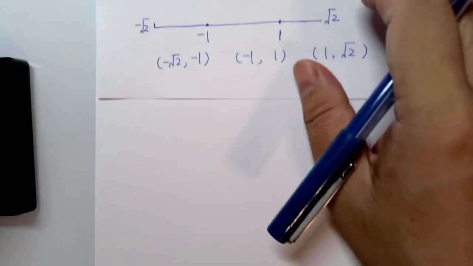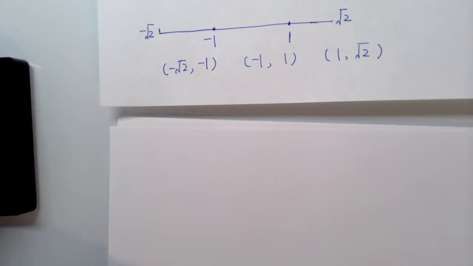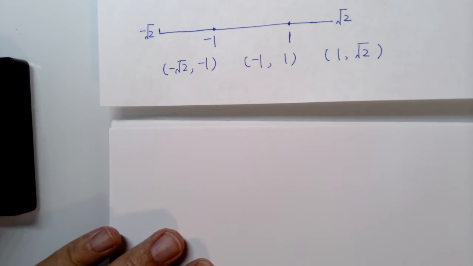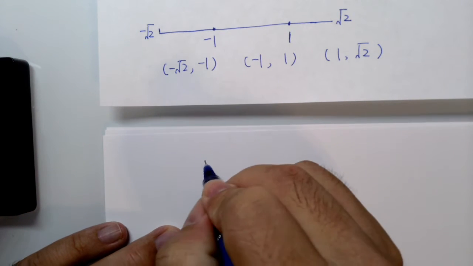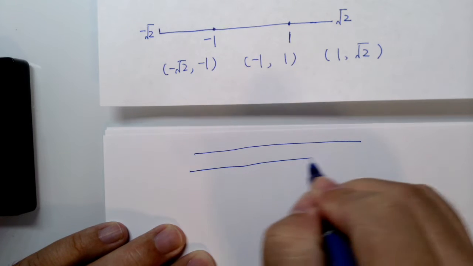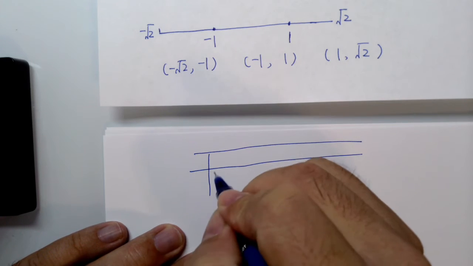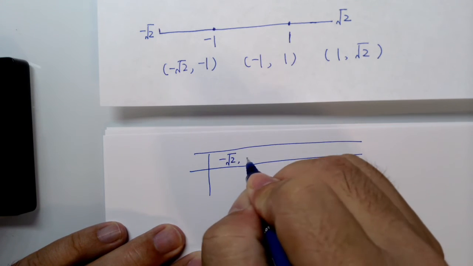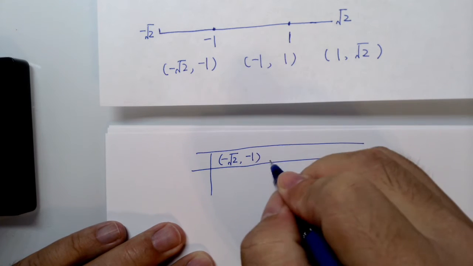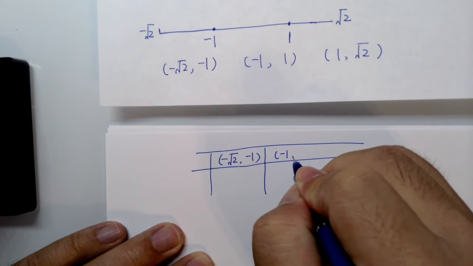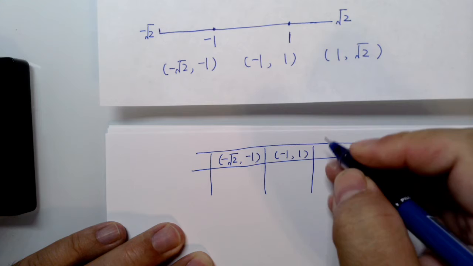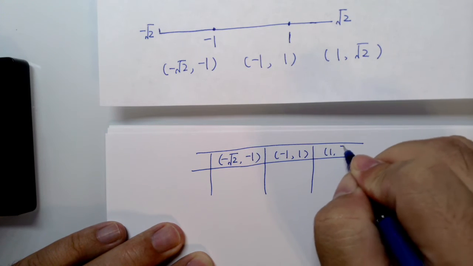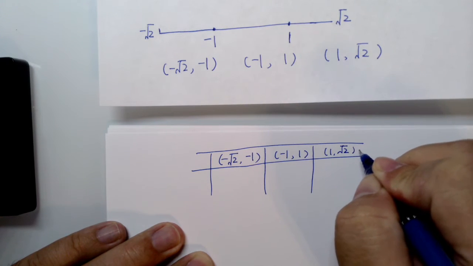Okay, so let's use a new paper and then continue. So usually what I like to do is write a table, right? Negative square root of 2 to negative 1, and then negative 1 to 1, and then 1 to square root of 2.